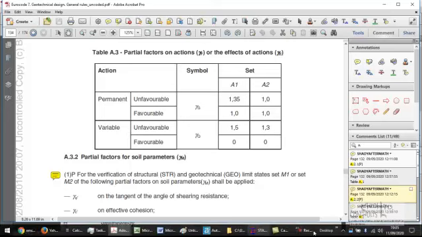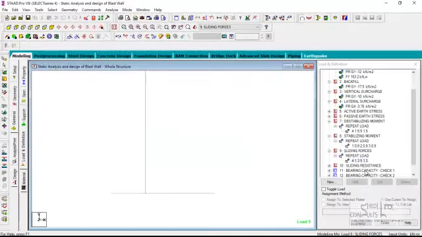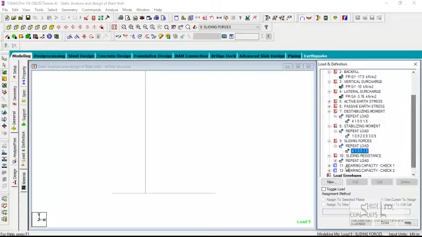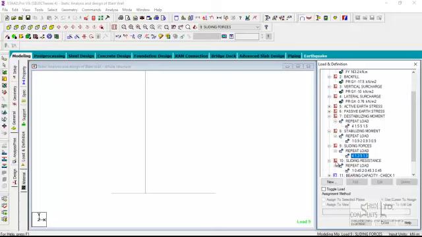That's because the unfavorable ones are the actions that are causing sliding. And then the sliding resistance, which is the force that will resist sliding, is equal to the coefficient of friction times the normal reaction. So if you look at it, you have the coefficient of friction.